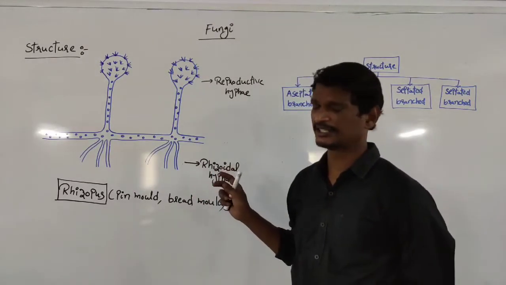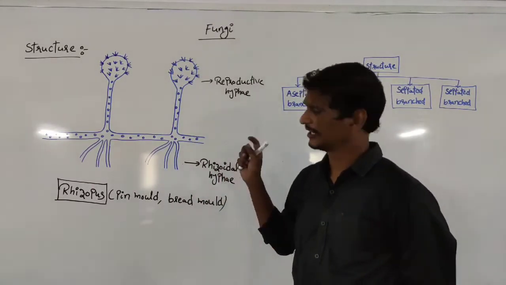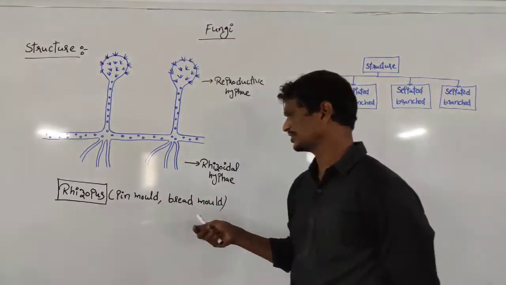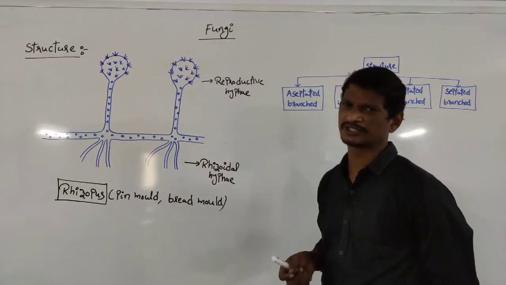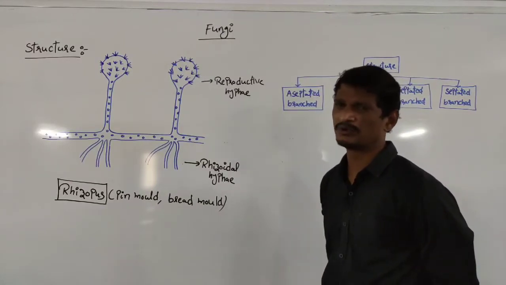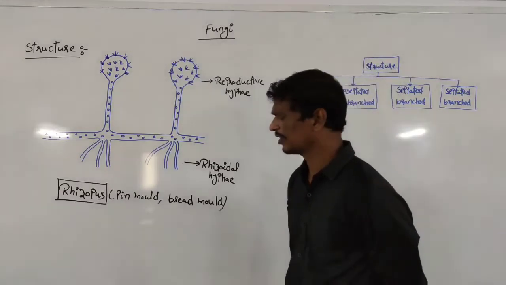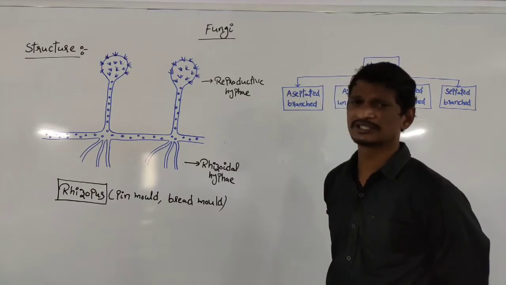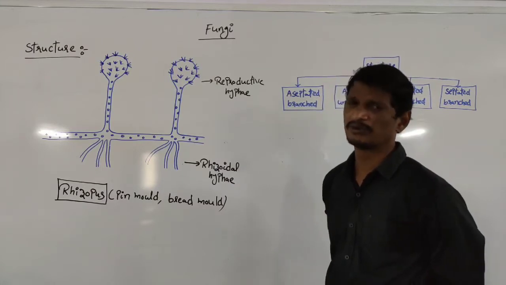Here we have taken Rhizopus as the example. Rhizopus belongs to the fungi, and Rhizopus is also called pin mold structure. This is also called bread mold, since it grows on bread. That's the reason why this is called bread mold, right?